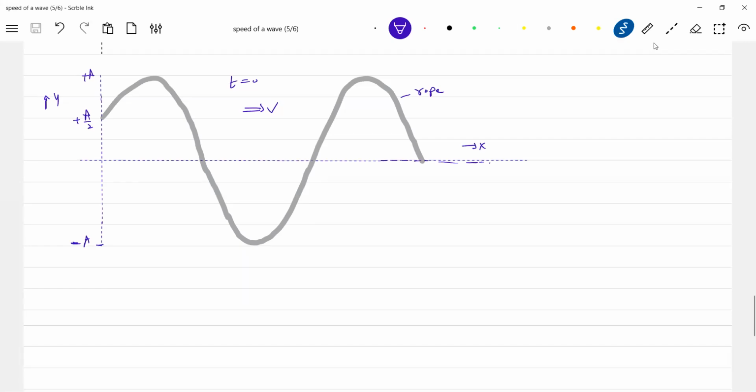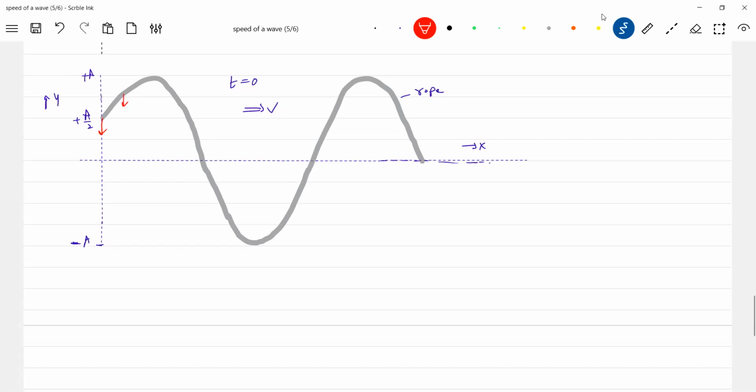So how to decide this? Okay, I'll do one thing. I'll take help of the velocity of particles. In what direction are the waves moving? Towards right now. So how do these points move?